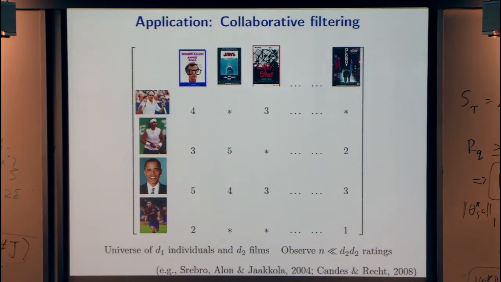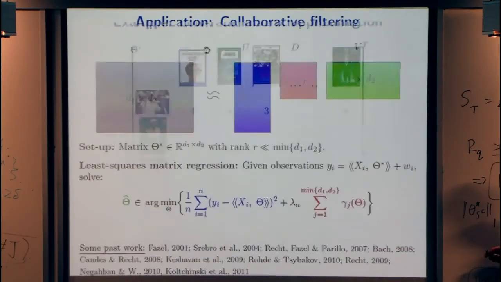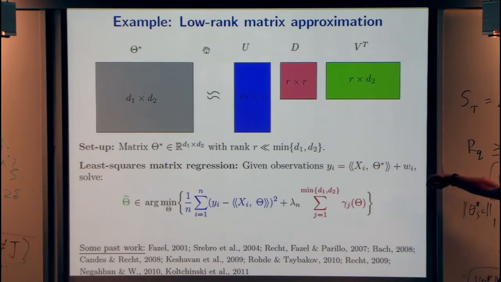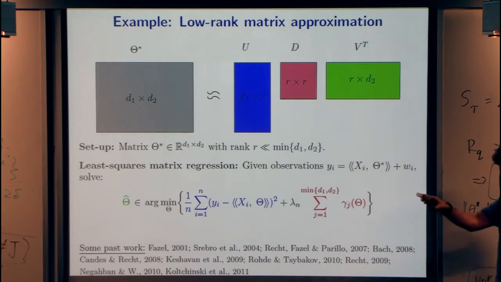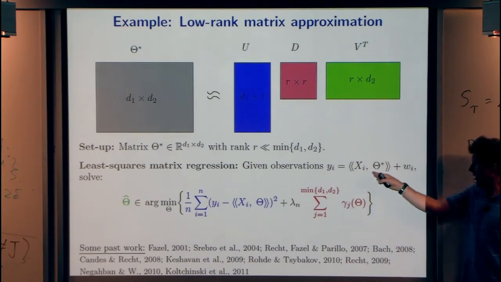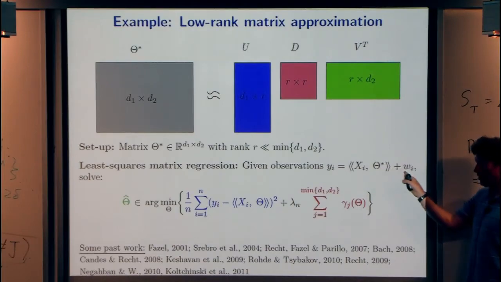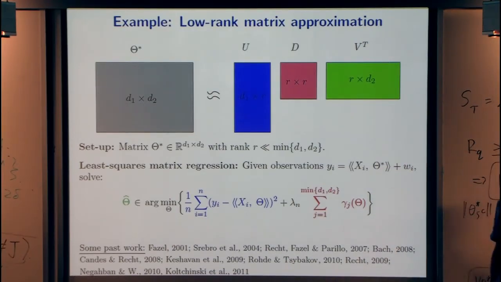So we can think about a naive model of this. How does it work here? These Xi's, what are they in this case? These Xi's are matrices that are 0 everywhere except for a 1 in some randomly chosen position. So if you do that and you take this inner product, then what you get is one entry of the matrix plus noise. And if you do it randomly, you get some subsampling of the matrix entries.